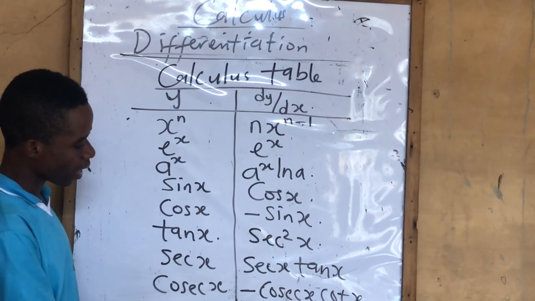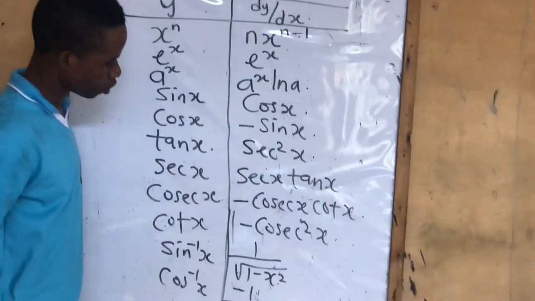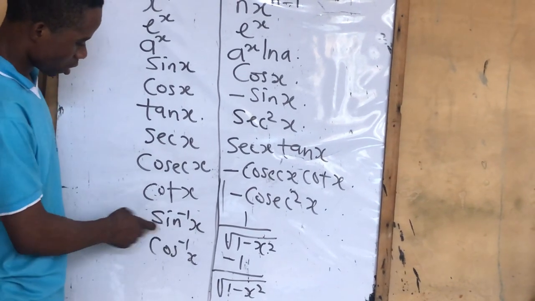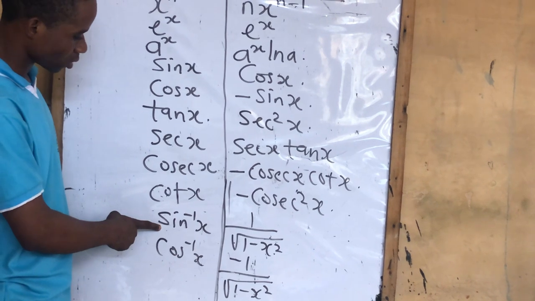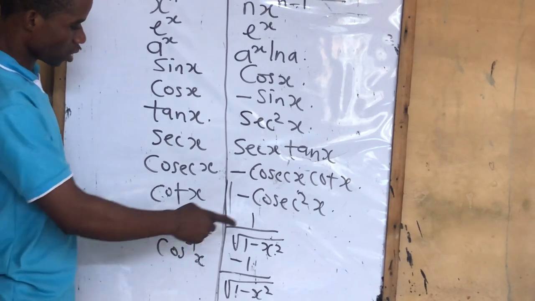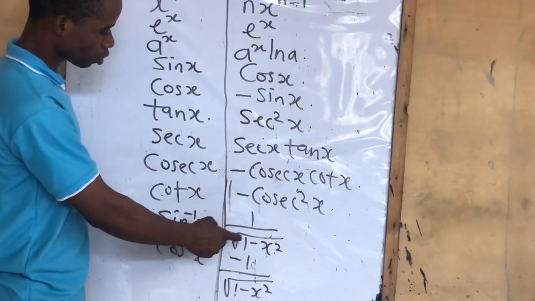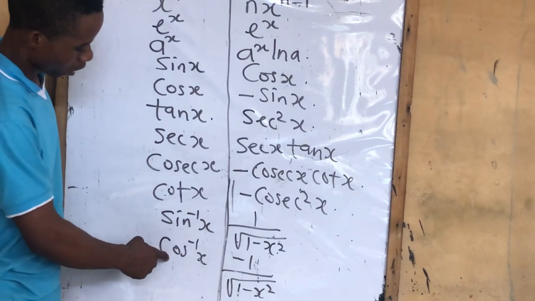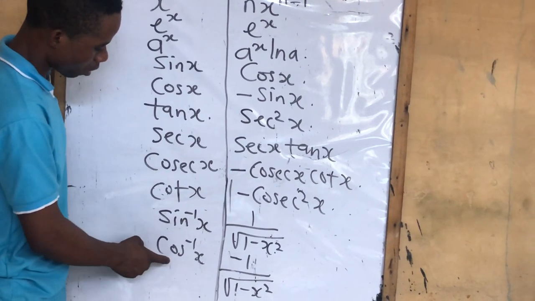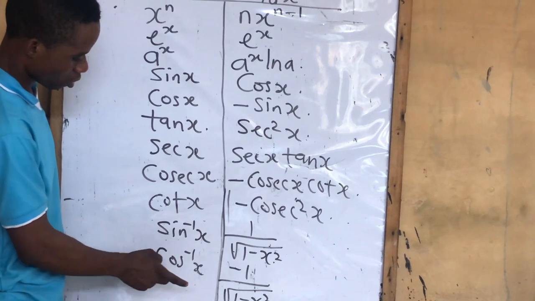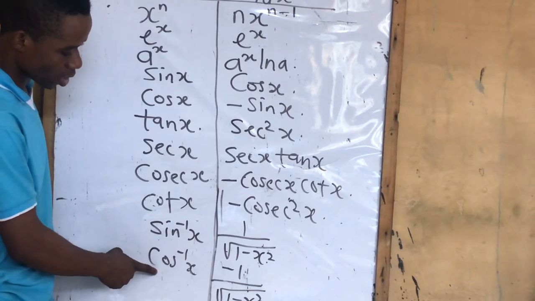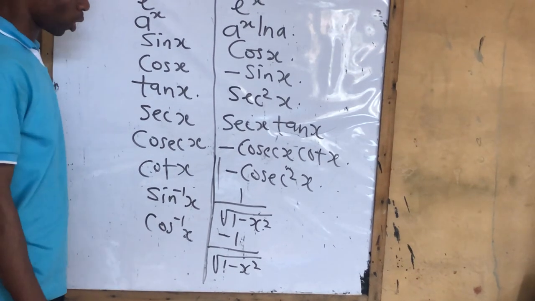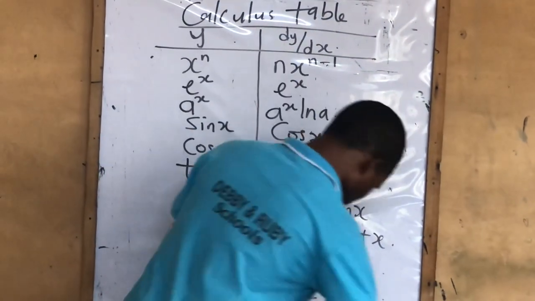The differentiation of cot x is minus cosec square x. The differentiation of arc sin x, inverse of sin x, is 1 all over root of 1 minus x squared. The differentiation of cos inverse of x is minus 1 all over square root of 1 minus x squared.